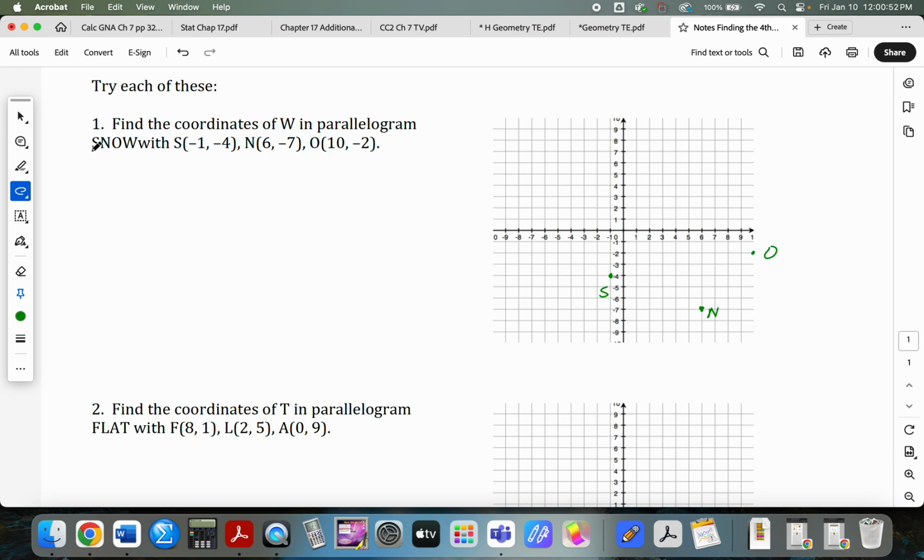All right, it tells me the parallelogram's name is SNOW. So that means I want to go from S to N and then from N to O, because I want to go consecutively. S to N and then N to O.